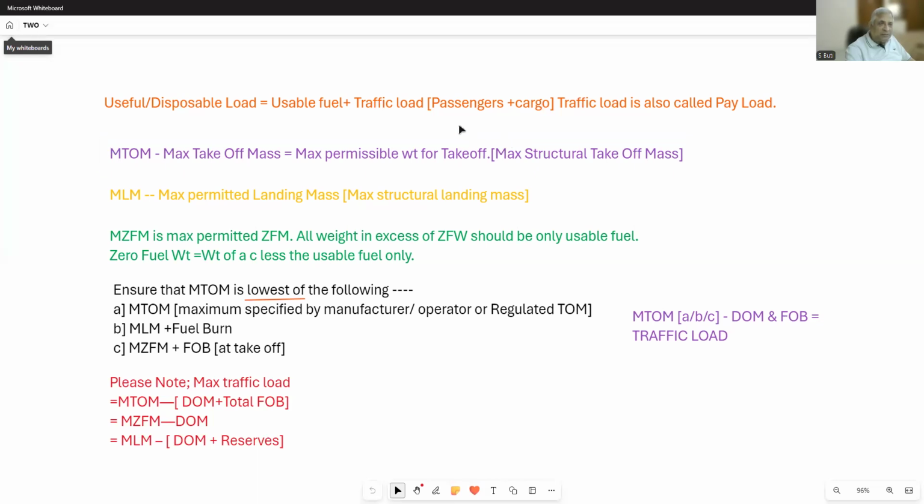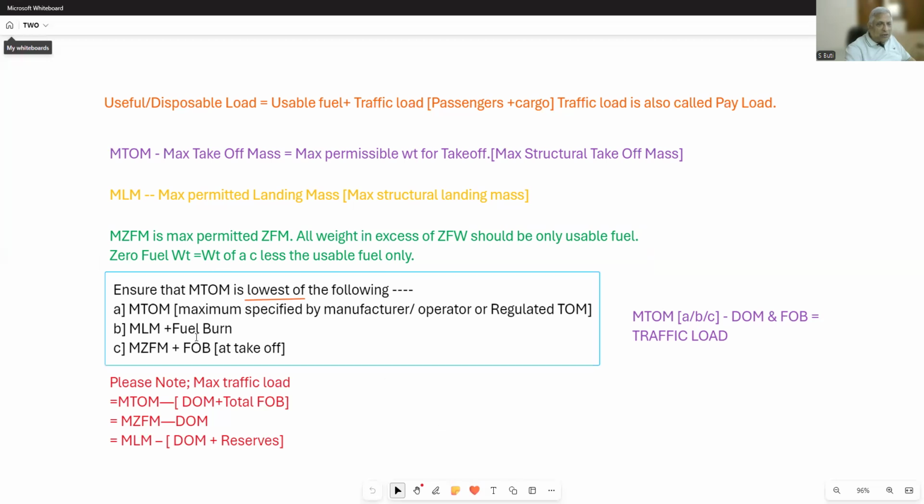There is a limit. Every aircraft has a maximum zero fuel mass. That means even if you have zero fuel, the mass of the aircraft should not exceed this value. Zero fuel weight or mass is nothing else but the weight of the aircraft at any stage less the usable fuel; only usable fuel is excluded.